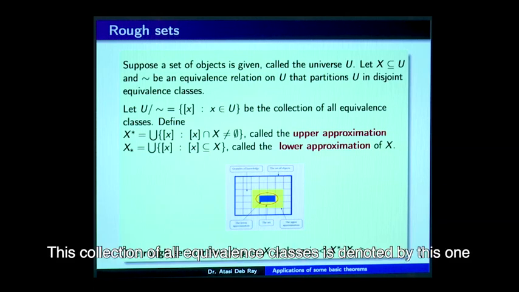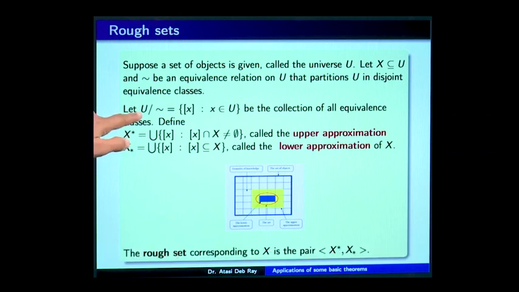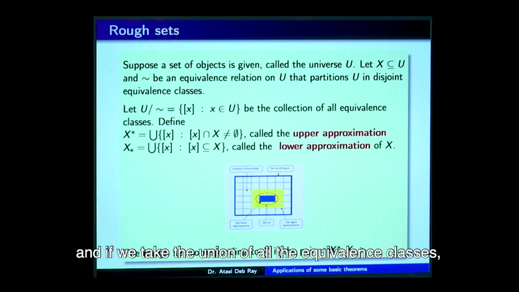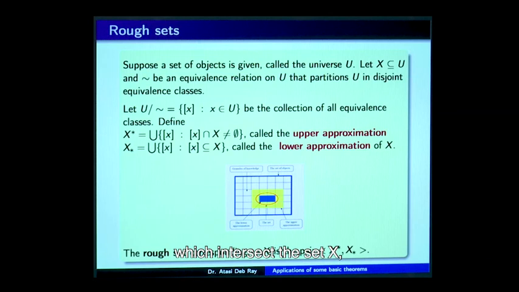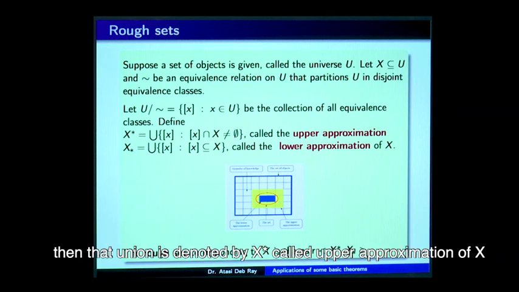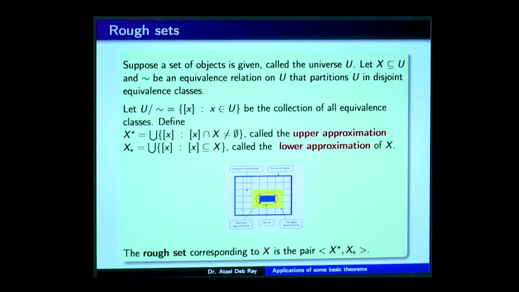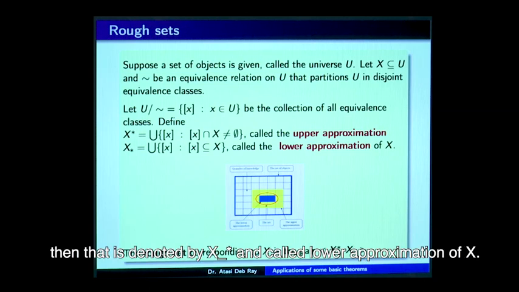This collection of all equivalence classes is denoted by this one, and if we take the union of all the equivalence classes which intersect the set X, then that union is denoted by X upper star, called the upper approximation of X. And if we take the union of all the equivalence classes which are inside the set X, then that is denoted by X lower star and called the lower approximation of X.